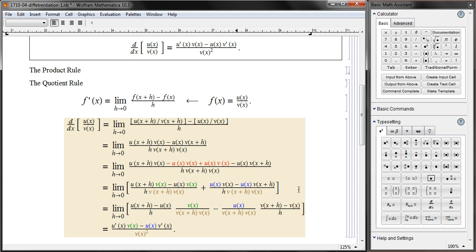Factor out appropriately v from the numerator and then v squared from the denominator, u from the numerator, v squared from the denominator. What's left is the Newton quotient for u, the Newton quotient for v. Consequently, we get u prime of x and v prime of x respectively, and the others all colored as before. The final result is the quotient rule.